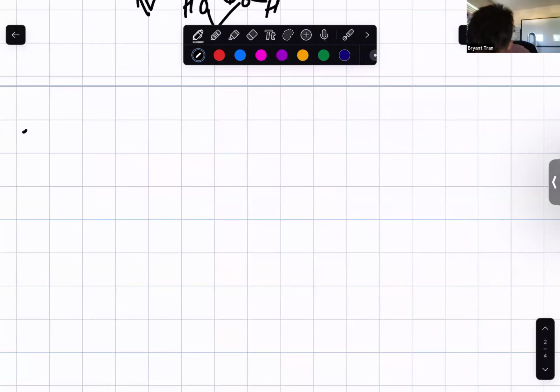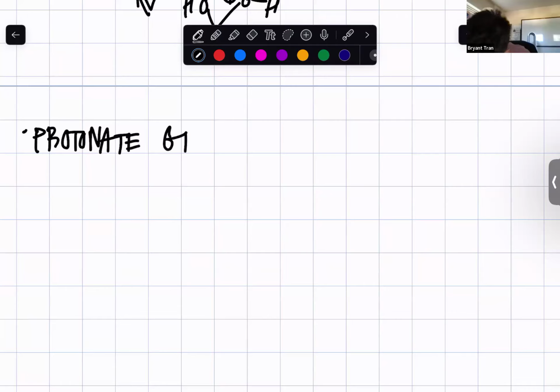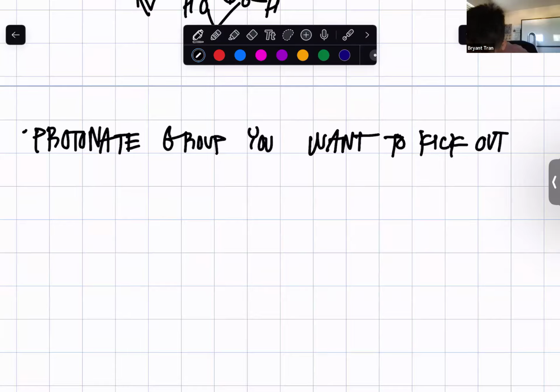Keep this in mind. You will protonate the group you want to kick out, because that makes it into a good leaving group.